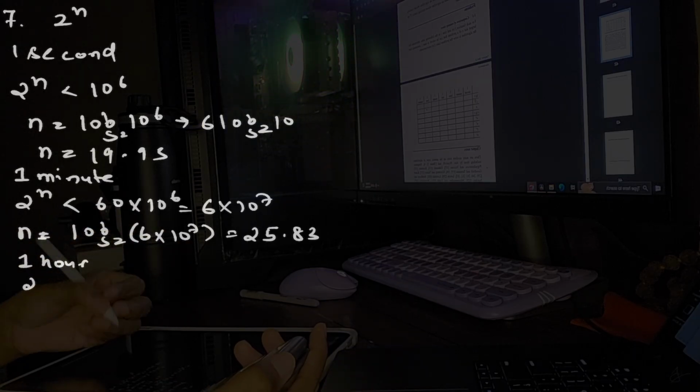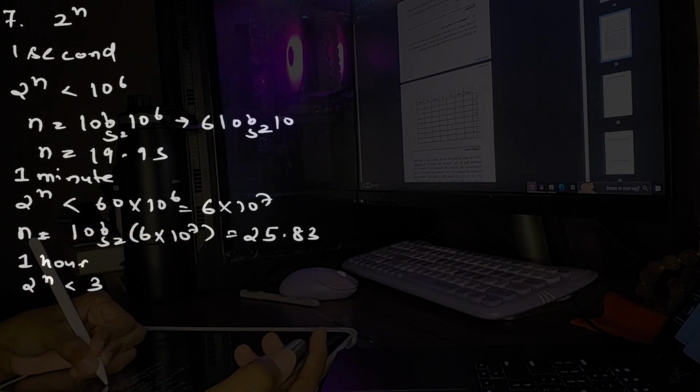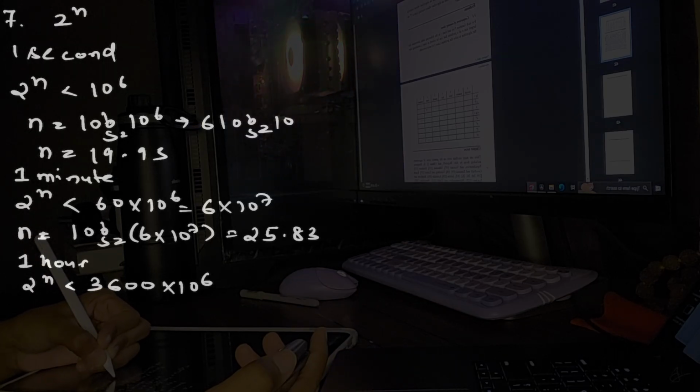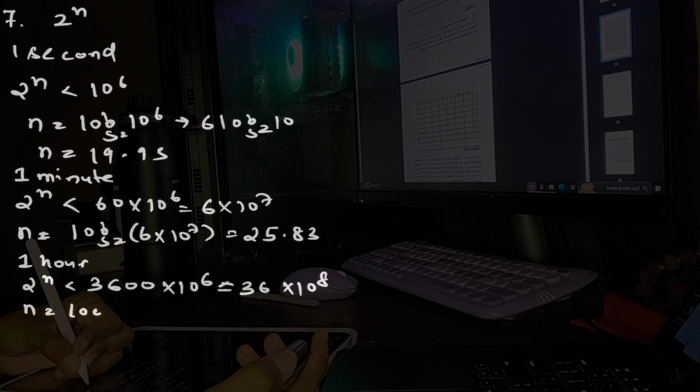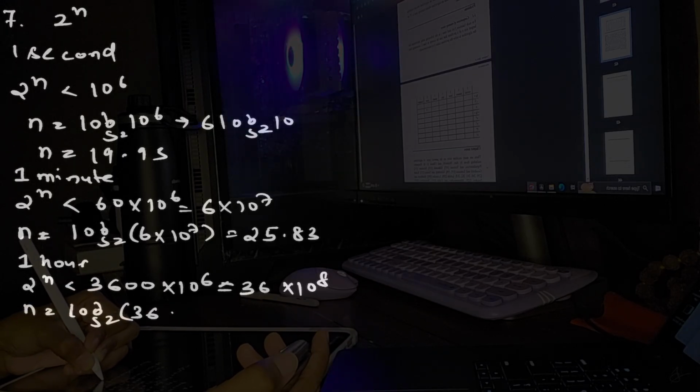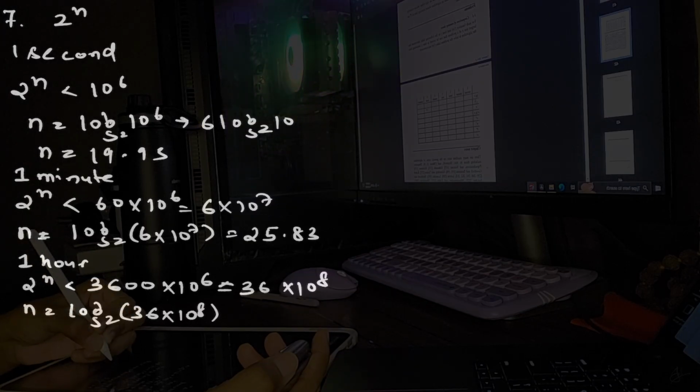Now 1 hour. 1 hour has this many seconds times 10 to the power of 6, which is approximately 36 into 10 to the power of 8. n is log of 36 into 10 to the power of 8.